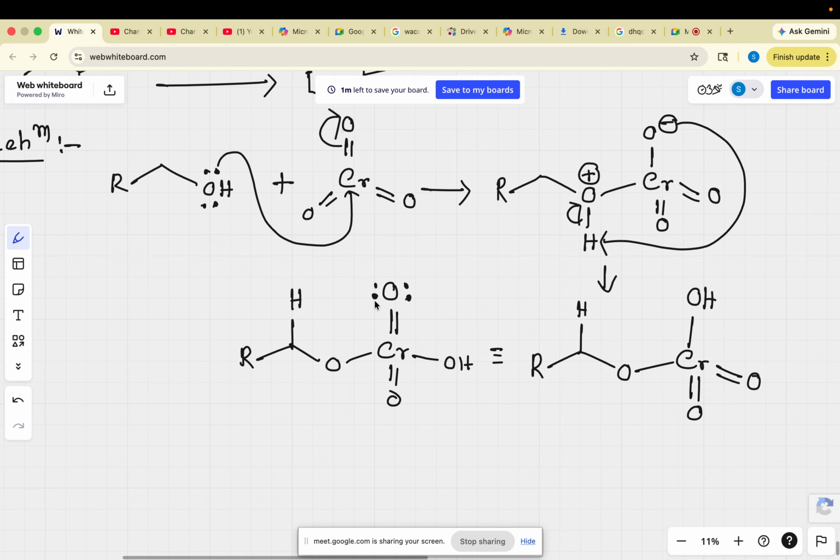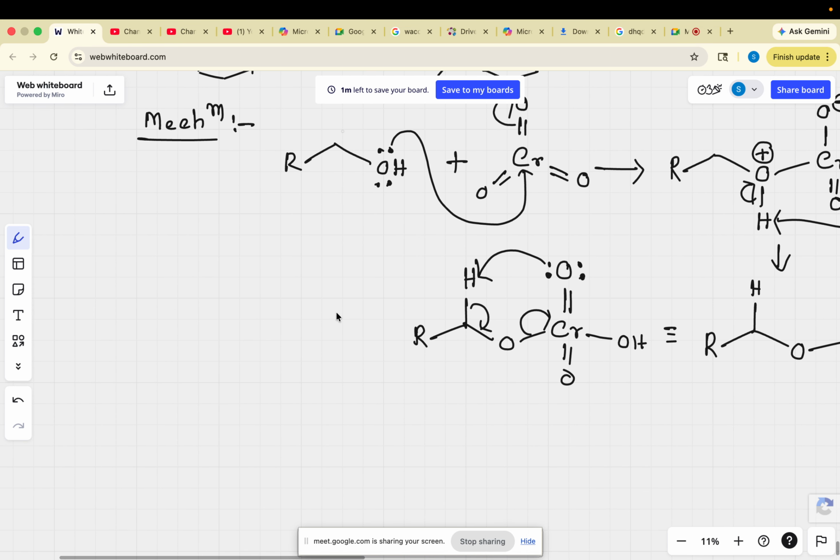This oxygen has lone pairs, so the oxygen will abstract the proton, this bond will break, and ultimately this oxygen-chromium bond will also break. So this bond moves to here.